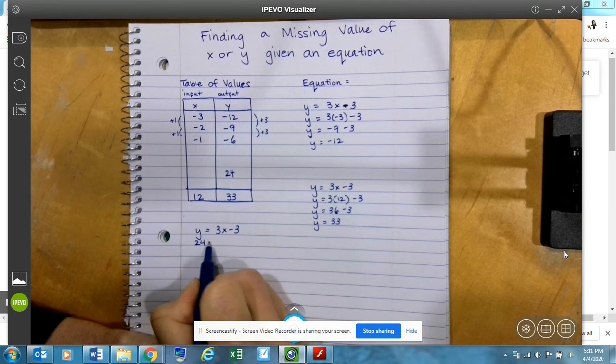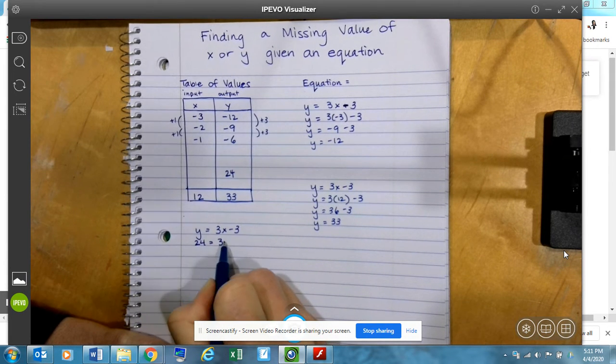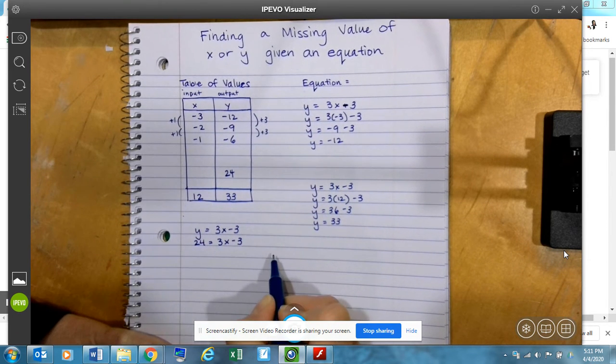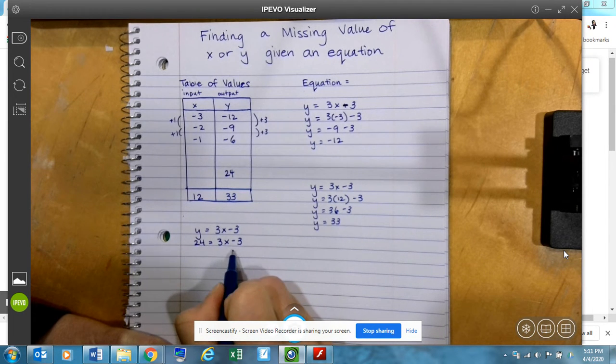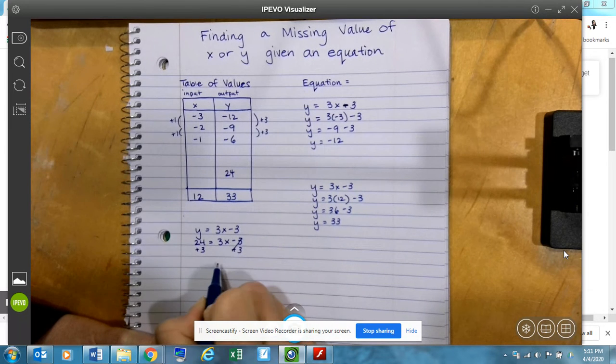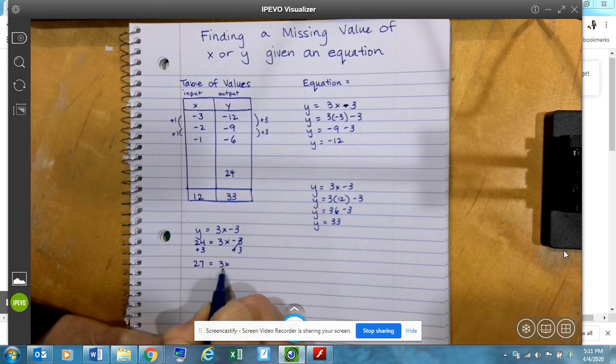So 24 equals 3x subtract 3. And now if you take a look at this, this is just like when we were solving for linear equations and we are undoing the operation, and that's all we're going to do. So we're going to add 3 to each side so that we can start to isolate that variable. And now we can see we have a multiplication.